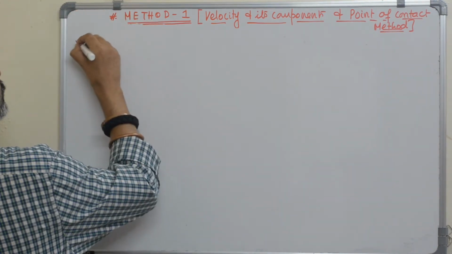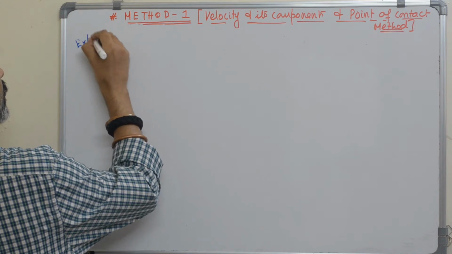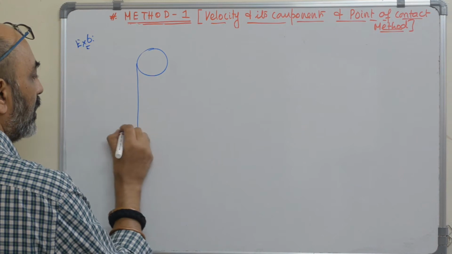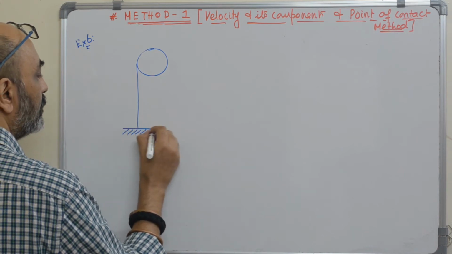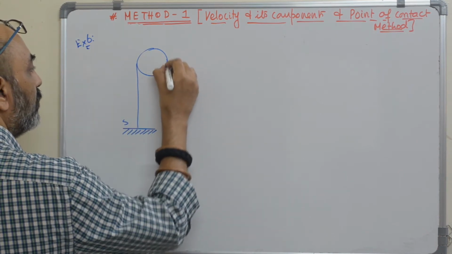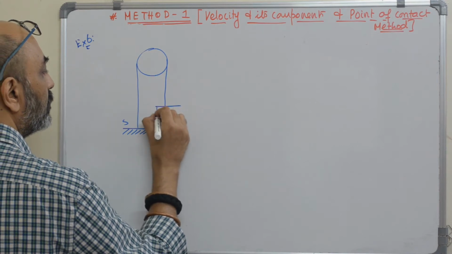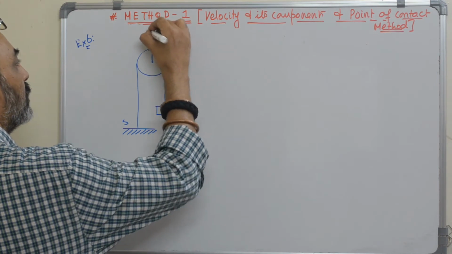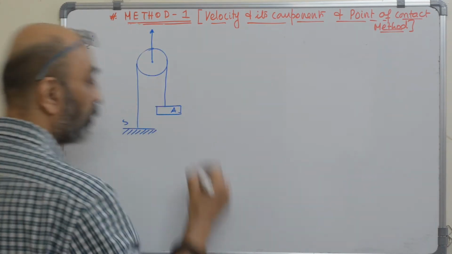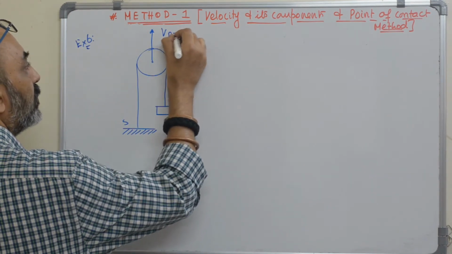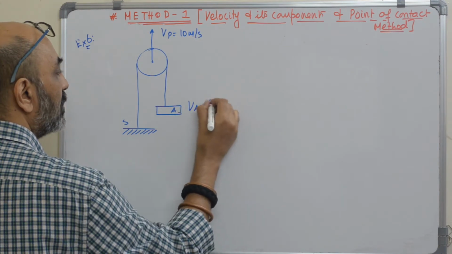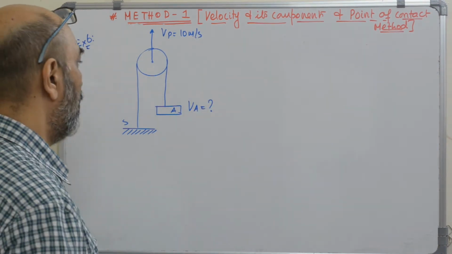6. We have a pulley, this is connected to a rigid support, and here we have a block. Block is A. The pulley is going up with a speed of 10 meter per second. The question is, what is the velocity of point A?